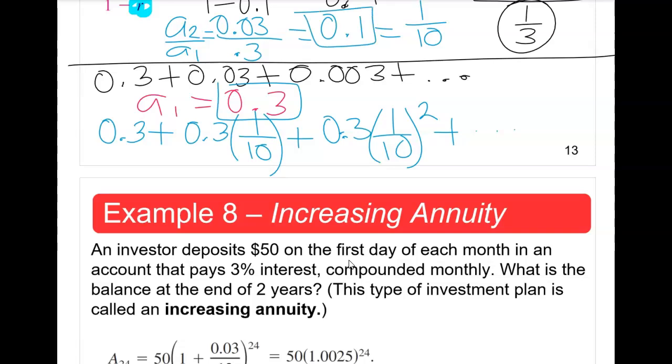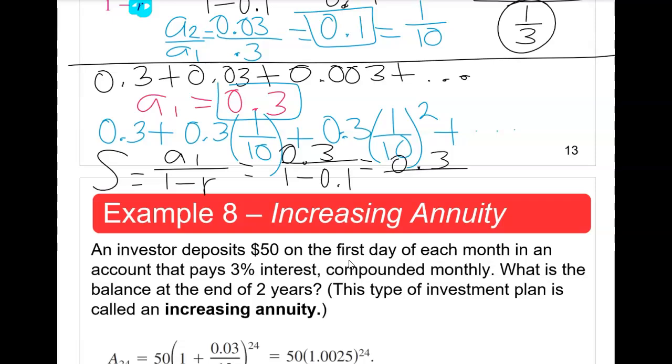So anyways, to find the sum, I will still use a sub 1 divided by 1 minus r. And if we try to do this, a sub 1 we already said was 0.3. And then here we have 1 minus 0.1. So this will turn into 0.3 divided by 0.9.